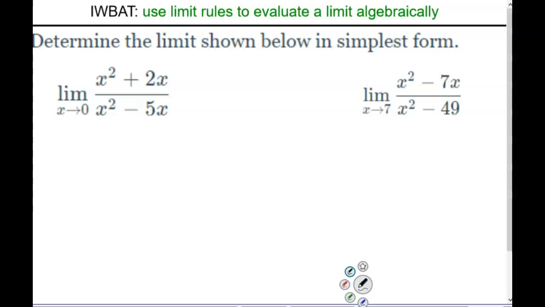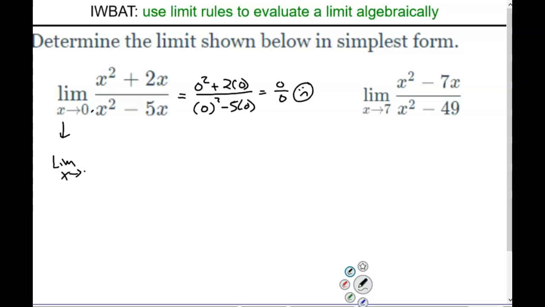Notice, if everything has an x in it, and I plug in 0, if you can do this part in your head right here that I'm showing you, you don't need to write it. But notice, I get 0 over 0, indeterminate form, that does not make me happy. So all we're going to do is factor the top. Each one of those has an x in common.